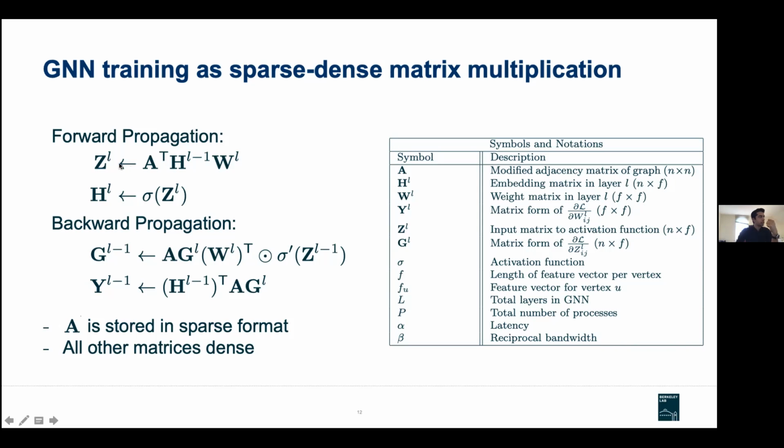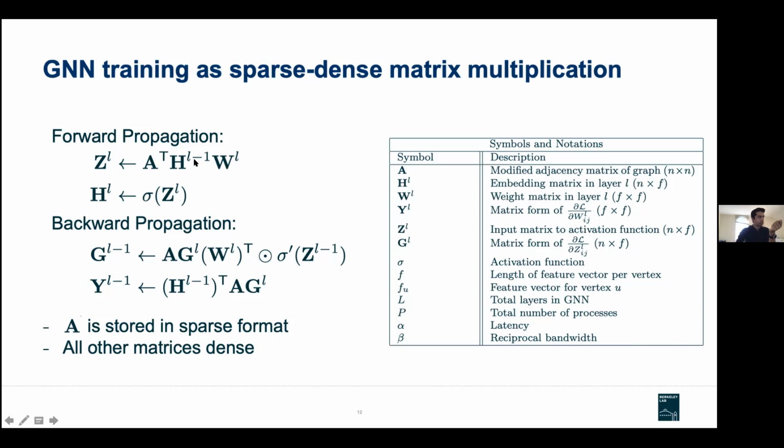Here we can see the matrix multiplications that you need to do for graph neural network training. To give a little bit of intuition, if we look at the forward propagation equation, we're multiplying three matrices: A transpose, H, and W. A is our adjacency matrix for the graph. Remember that matrix that mostly has zeros but has a few ones in there.